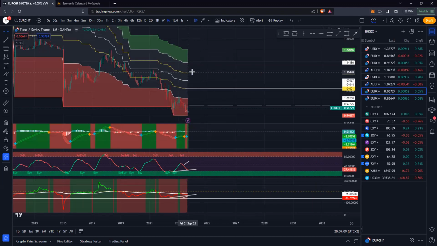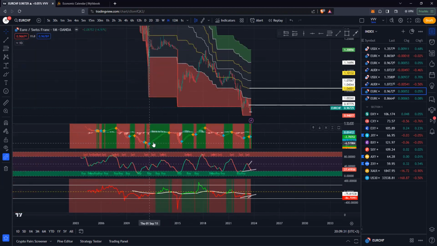Then we have the Euro CHF, forming a divergence on monthly basis. Yeah, we're gonna see more on Monday how the candle is forming. There is a structural divergence. There is also a divergence, small one, in the monthly picture. As you see, here was the lowest point of the VVV.